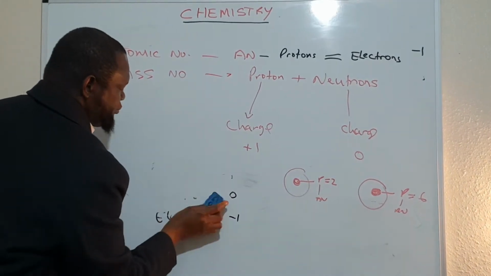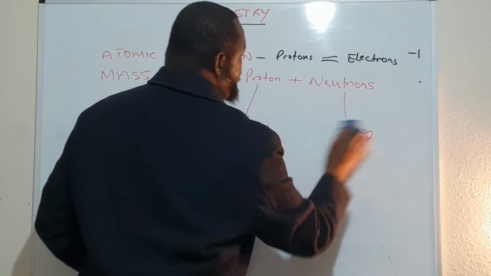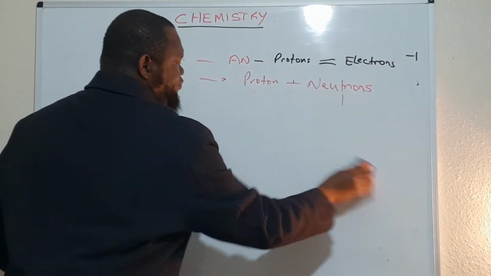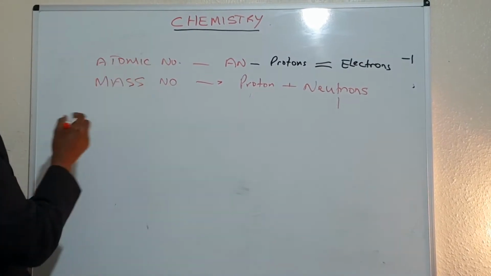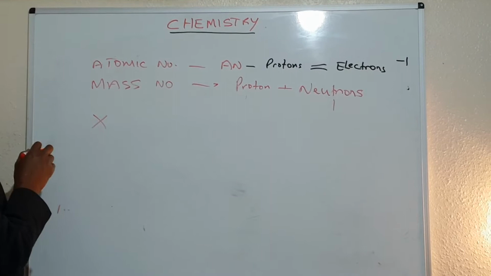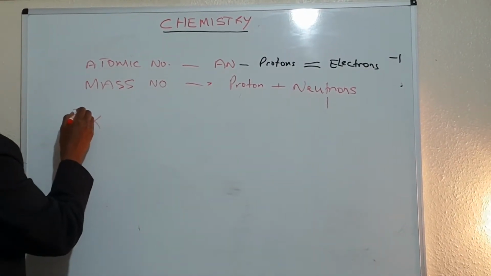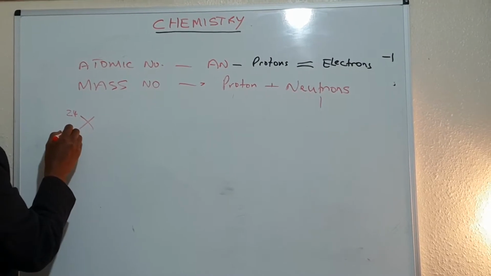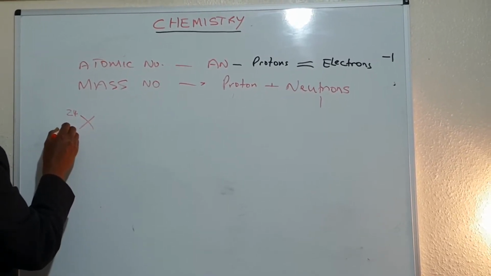So, there is some mathematics involved here. If I have an element I call X, we normally write it like this: the atomic mass number is 24, and the atomic number is 12.